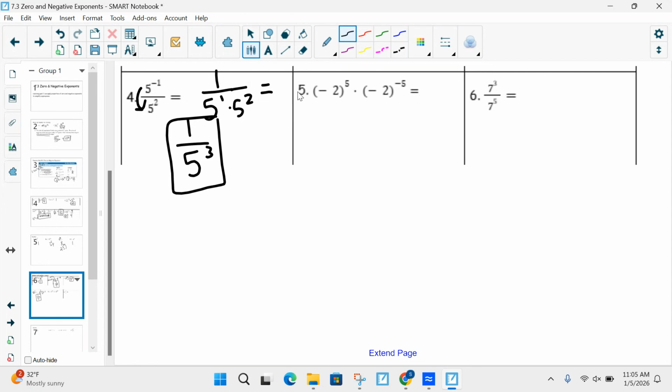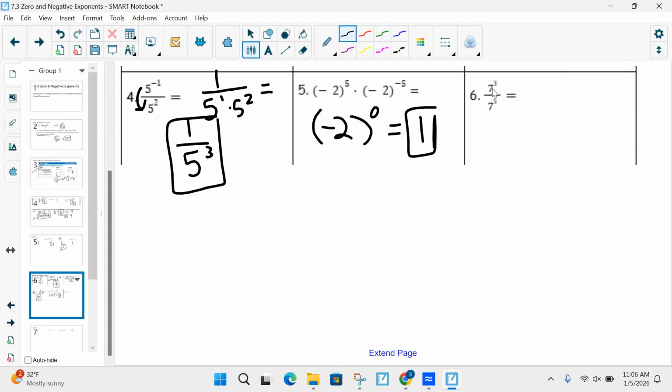Okay, for number 5, this is like number 1. The bases are the same, so you just keep the base the same, add the exponents, which would be 0, and the answer would be 1. For number 6, I like to think about canceling instead of subtracting exponents, because if you subtract, then you get a negative.